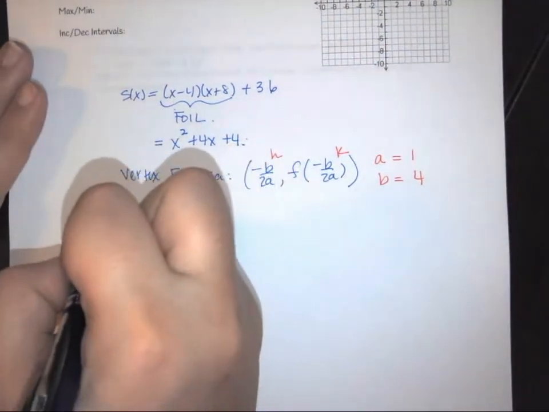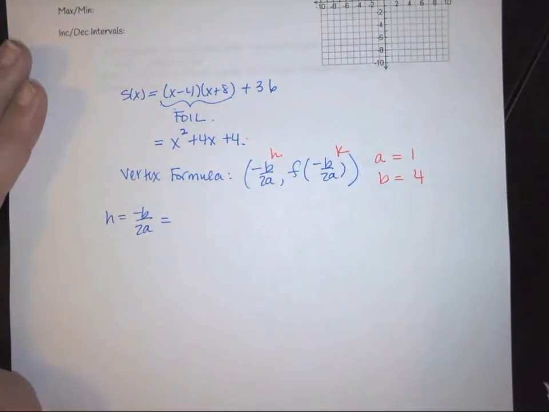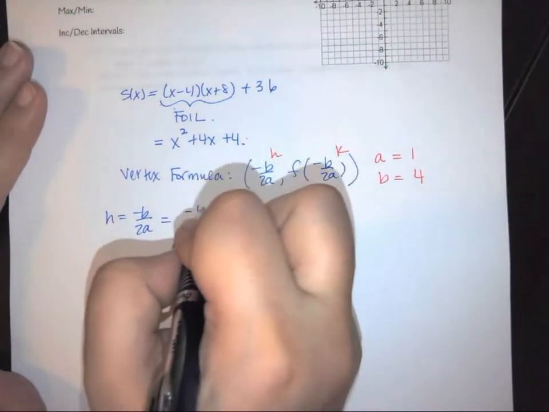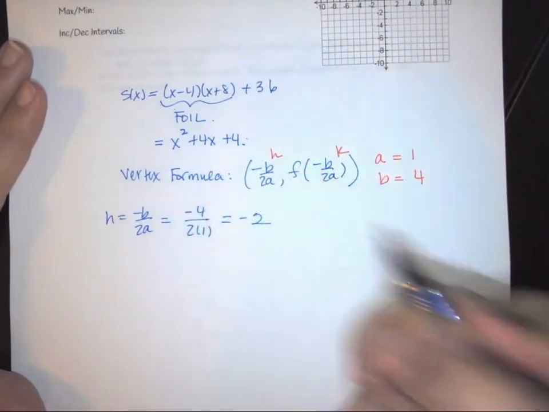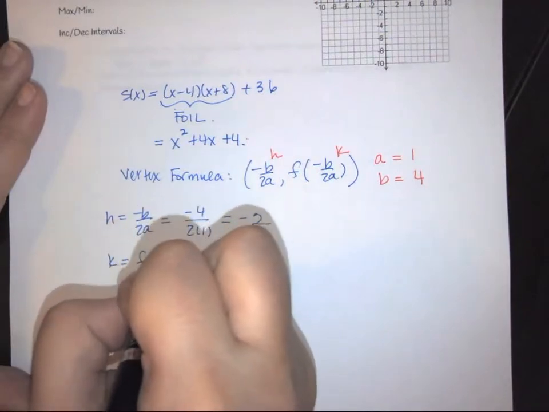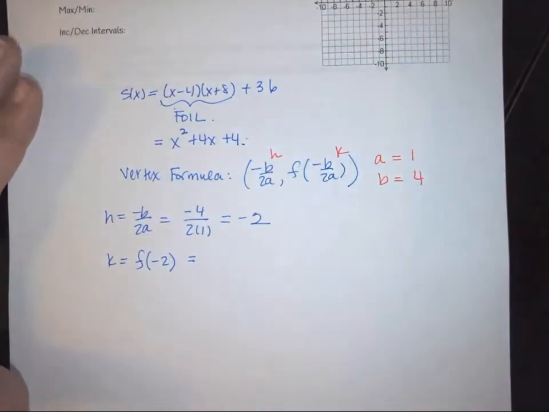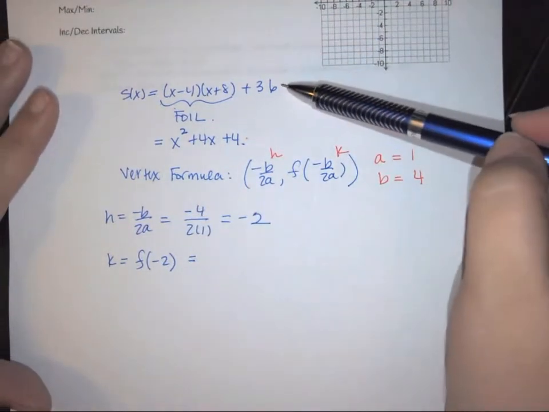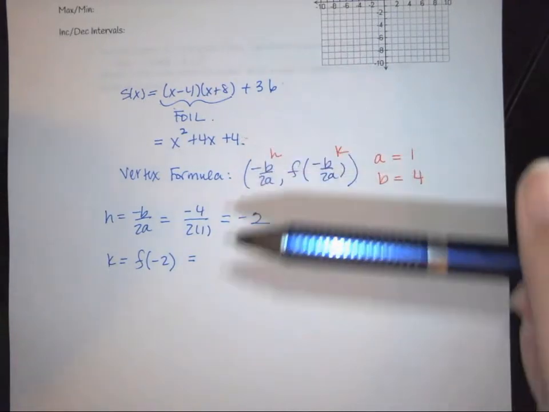So here, h again is negative b over 2a. We're going to plug information in. Negative 4 over 2 times 1 gives you a negative 2 as a result. Your k is going to be the function evaluated at negative 2, which is going to be your choice. You can either go back to the original and use it, or you can use the equation you found. Both should give you the same answer.